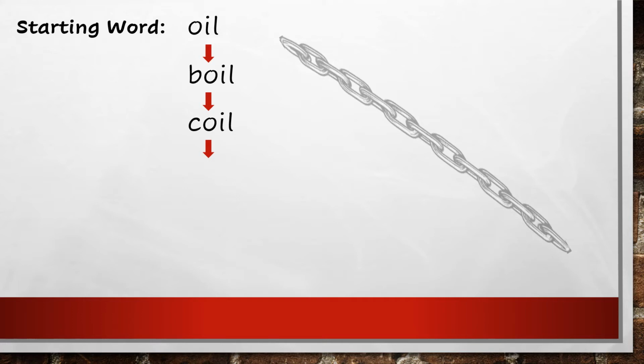I know to change from coil to join, I need to change the beginning sound from a k to a j. I also need to change our ending sound from an l to an n. So I will be writing join as J-O-I-N.